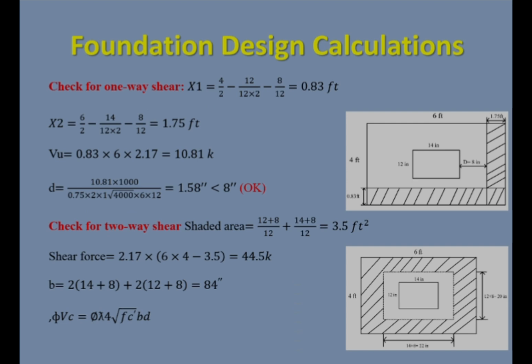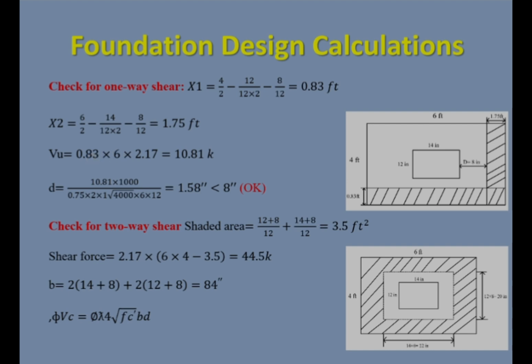So now we are checking for one-way shear. For the one-way shear, we need to find the higher shear force on either this shaded area or this shaded area. This area we multiply it by QU to find the larger shear force. So from this calculation, we found that this is the larger area.